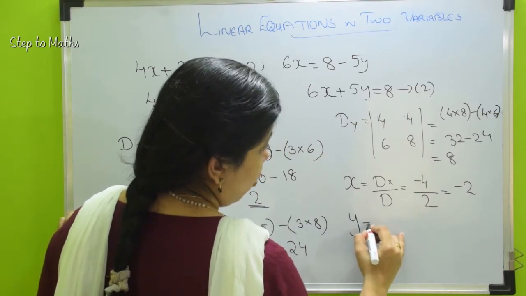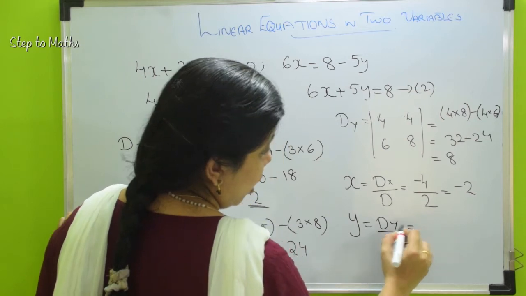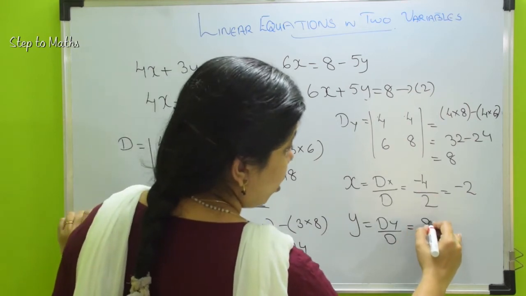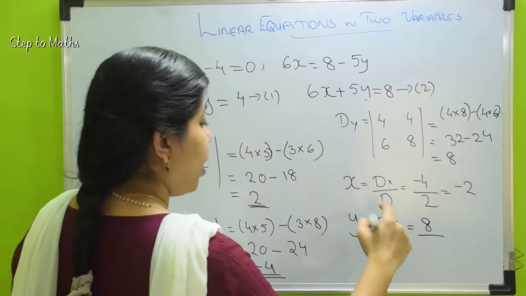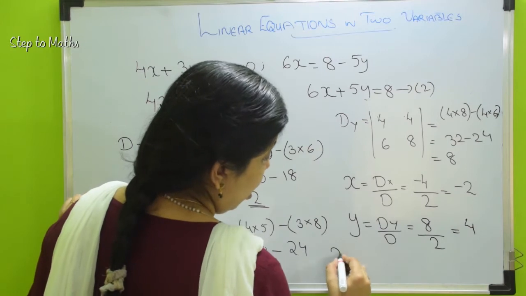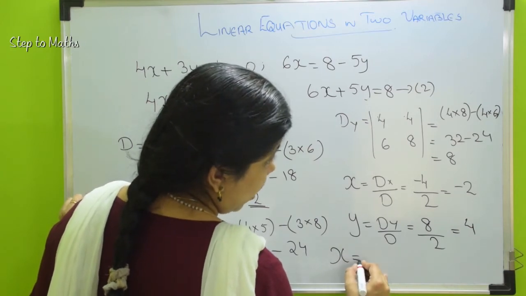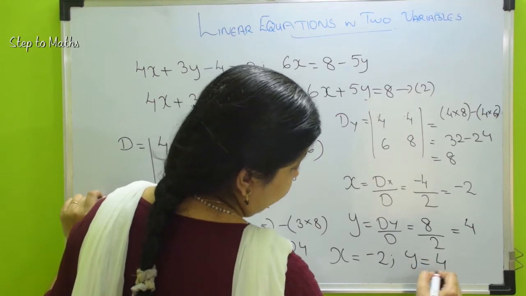And the value of variable y is Dy upon D. Dy is 8 and the value of determinant D is 2. 8 upon 2 is 4. So the values of the variables are x equal to minus 2 and y equal to 4.